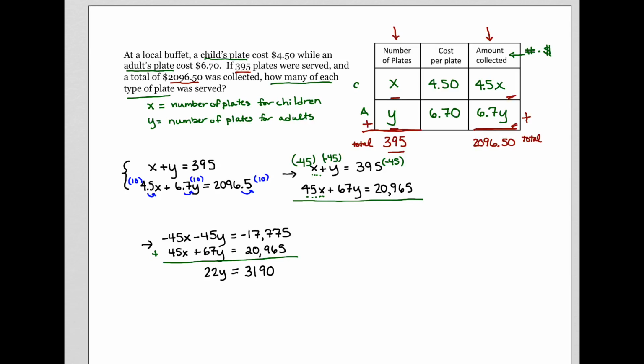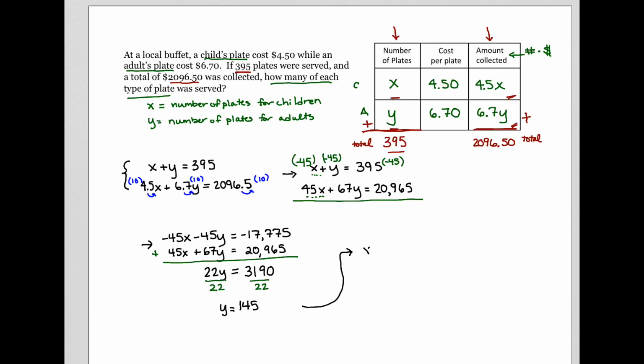We finish by solving for y, so let's divide both sides of this equation by 22. And that tells us that y equals 145. Let's check that with a calculator. Now go back and solve for x. So we replace this into one of our original equations.